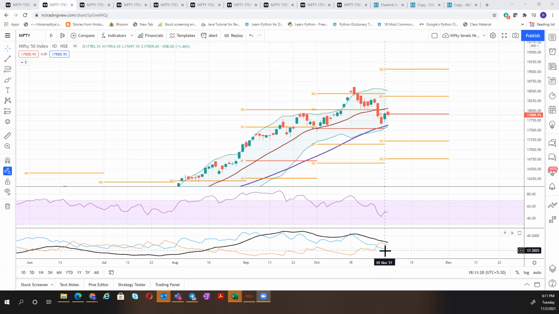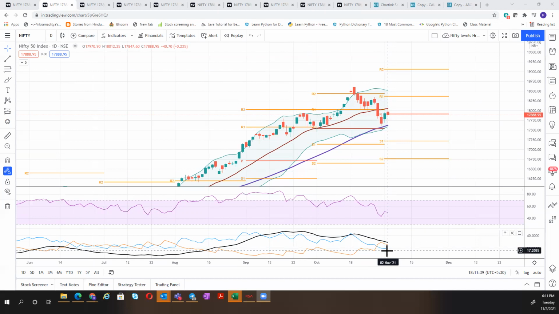And also if you see the positive DMI, which indicates buying, is below the negative, selling DMI. If this blue line goes above this red, then the market is in buying mode. So this is on the daily time frame.